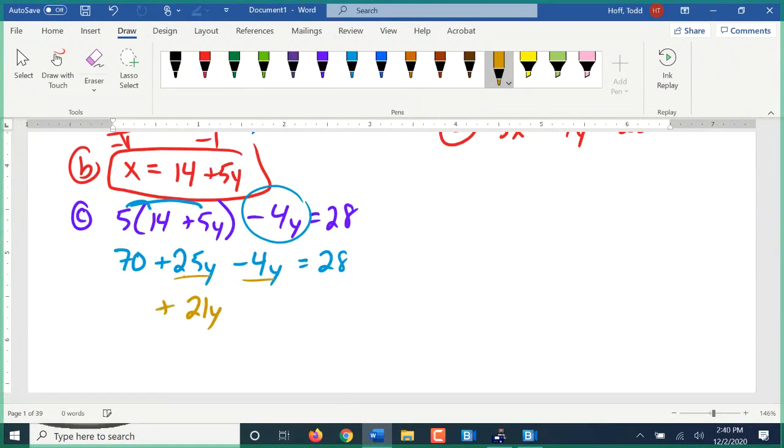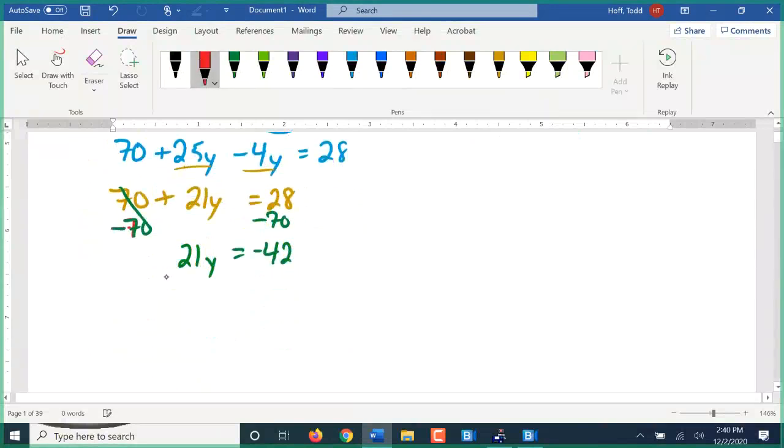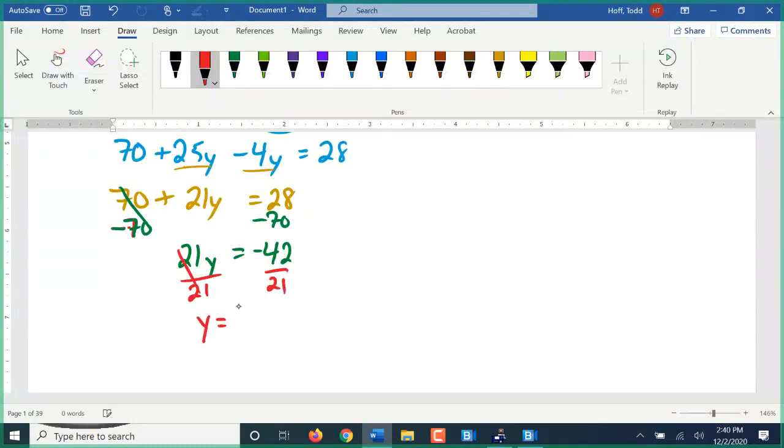That's positive. We still have the 70 up front. Equals 28. And then we'll subtract 70. We get 21y equals a negative 42. And then we can divide by 21. Y equals negative 42 divided by 21 is a negative 2. So we have y equals negative 2.